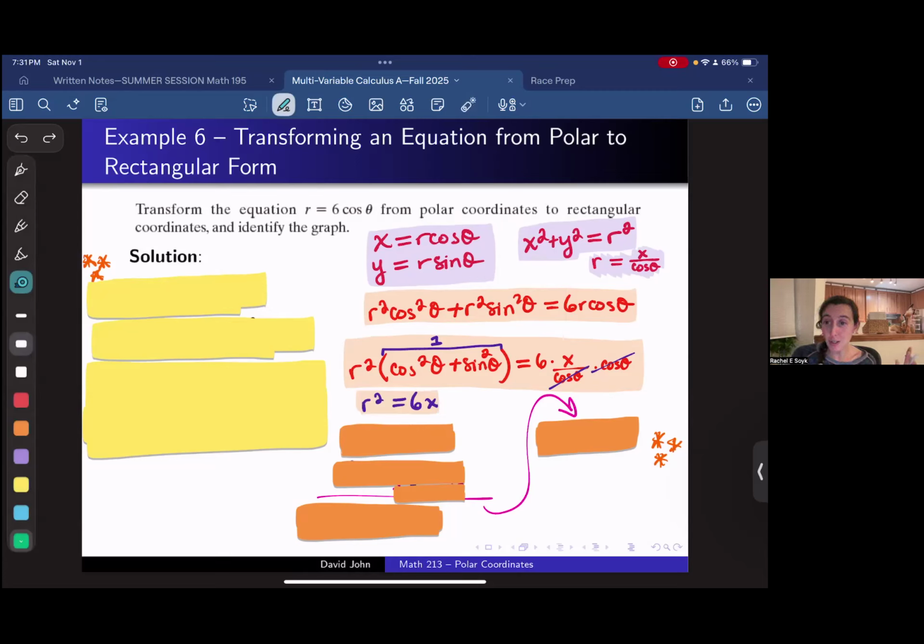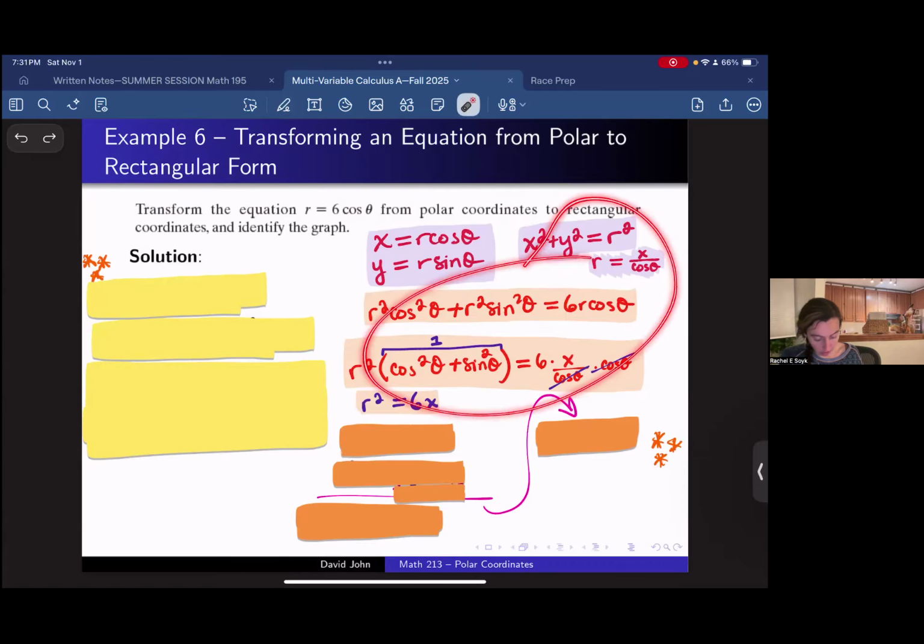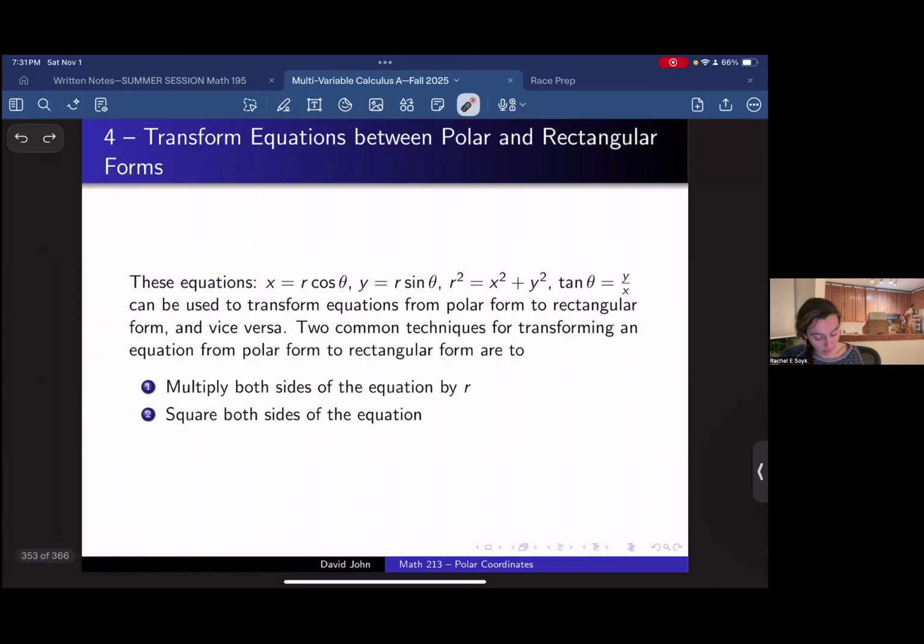Now, is there a much easier way to do this? Yes. Let me show you really quickly how you can get that without doing all of these crazy substitutions. Go back to what they said with the hints: the two common techniques, multiply both sides of the equation by r, or square both sides of the equation.